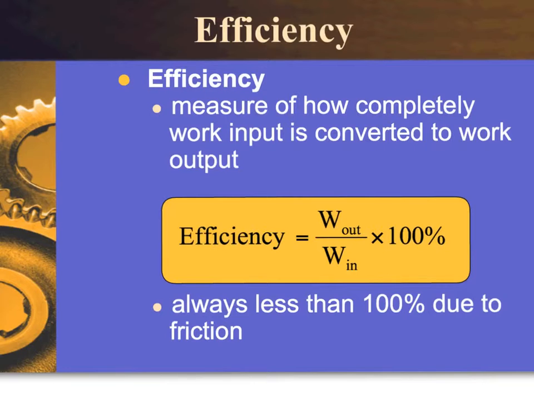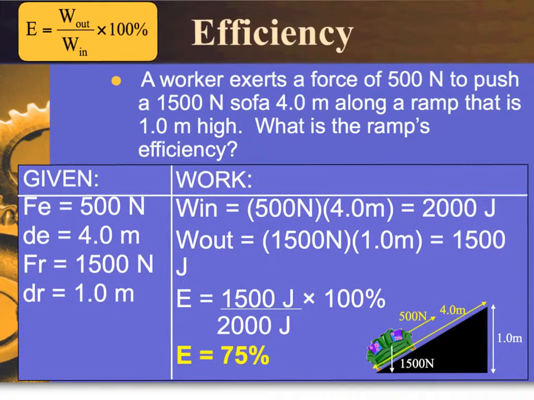It will always be less than 100% due to energy and work being lost to friction. So let's examine an efficiency problem. A worker exerts a force of 500 newtons to push a 1500 newton sofa 4 meters along a ramp that is 1 meter high. What is the ramp's efficiency?